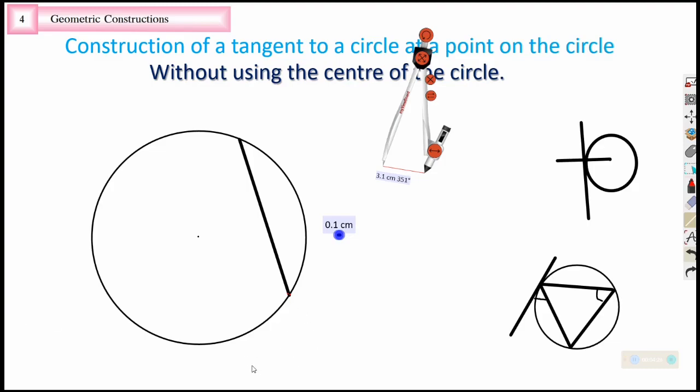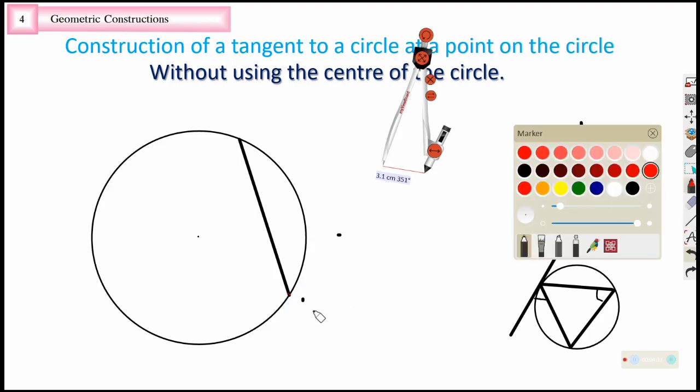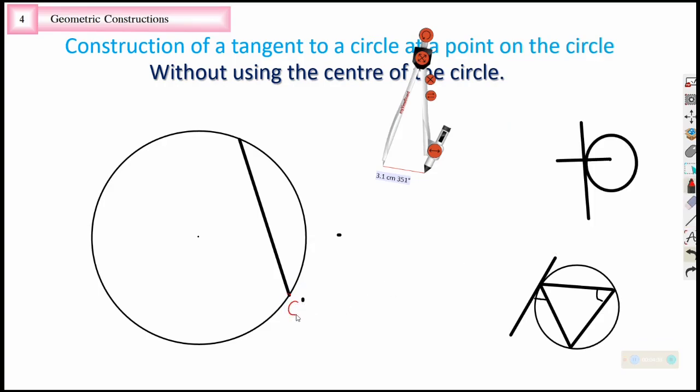This is the point C through which I would like to draw a tangent. This is the chord CB. Now what I will do is complete the triangle, because I am using that principle.